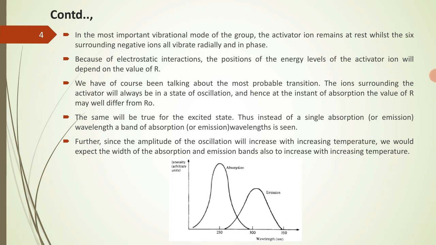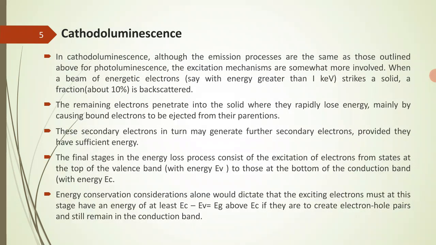Further, the amplitude of the oscillation increases with temperature, so we could expect the widths of the absorption and emission bands to increase with increasing temperature. That is the main concept of photoluminance, that is how the absorption of photons occurs.